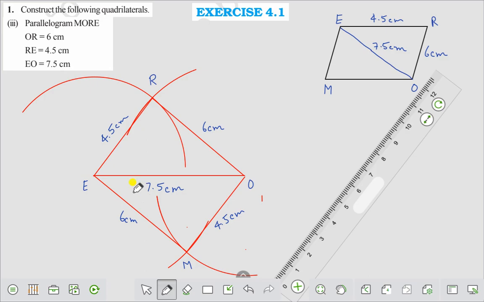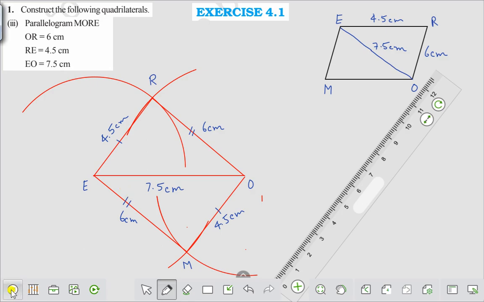We know that in a parallelogram, the opposite sides are equal and parallel. This side is equal to this side and also parallel, and this side is equal to this side and also parallel. Therefore, it is a parallelogram MORE. We are getting the required parallelogram.